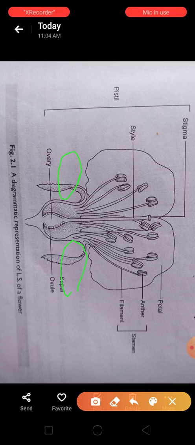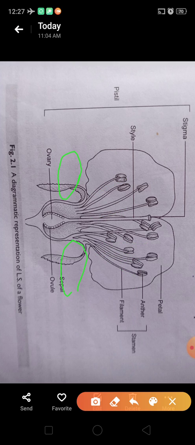Then after that, you can see the stamen, that is the male reproductive part. These parts, 1, 2, 3, 4, are the stamens. The stamen has two parts, that is the anther and the filament. The upper structure is called the anther and the long structure is called the filament.